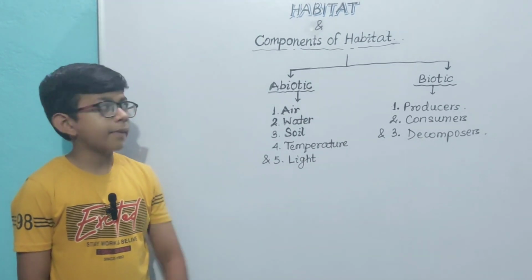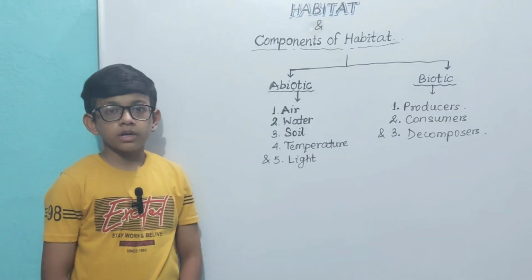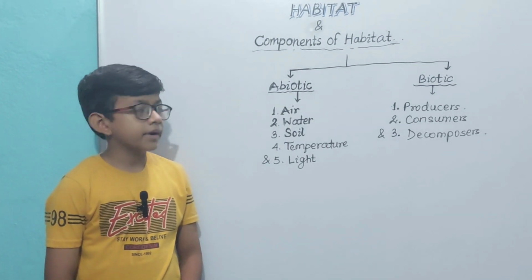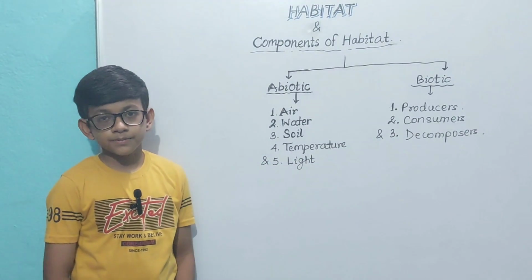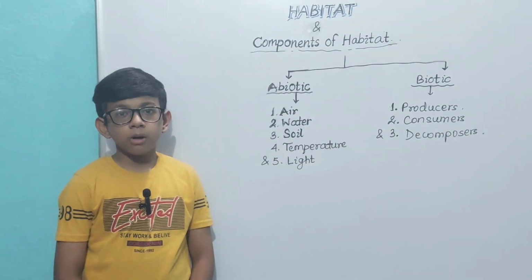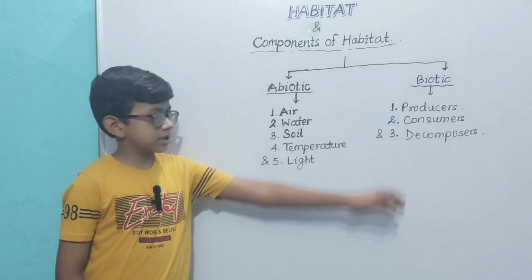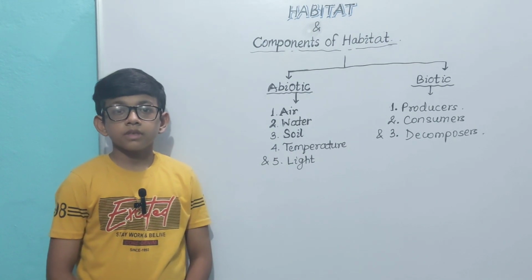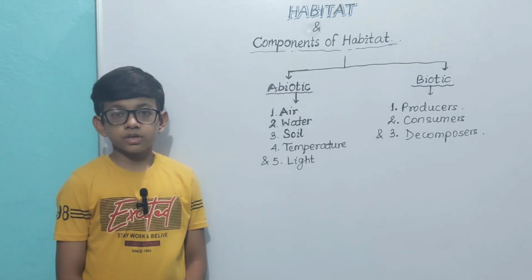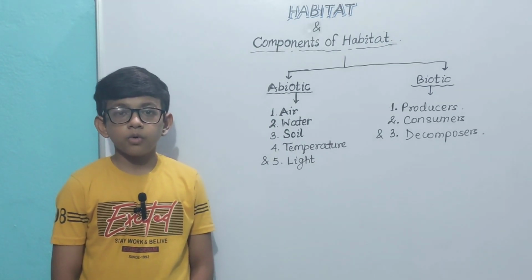Now let's move to our biotic components. There are only three major biotic components: producers, consumers, and decomposers. So let's know about them one by one. First of all, producers. Green plants and blue-green algae are known as producers because they can prepare their own food.